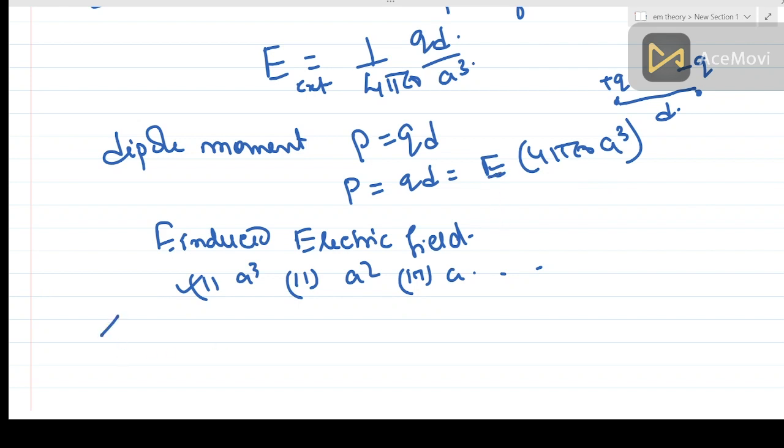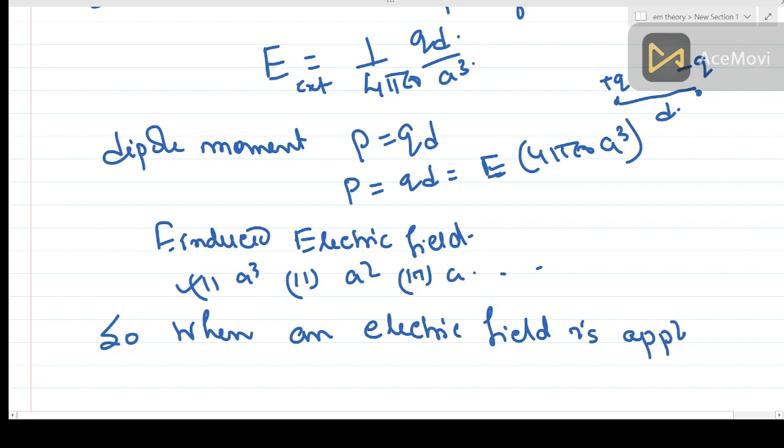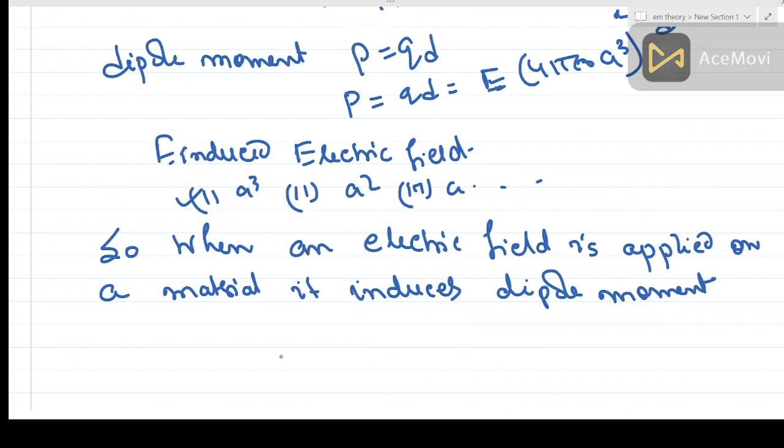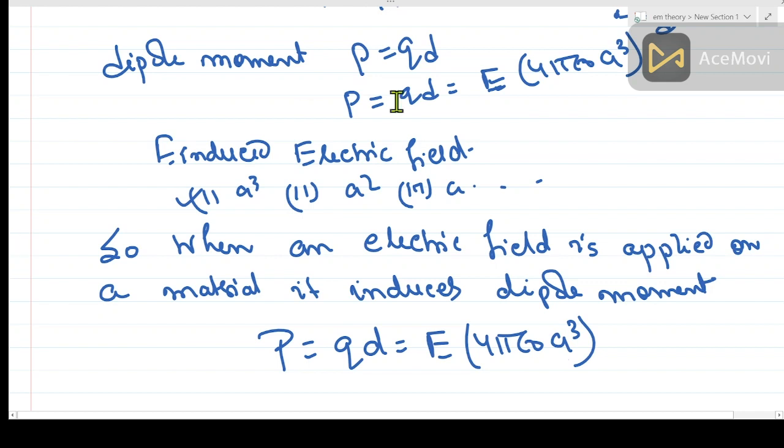So when an electric field is applied on a material, it induces a dipole moment, and this dipole moment is given by p is equal to Qd, and E is equal to 4 pi epsilon naught a cube. This is the dipole moment that is created.